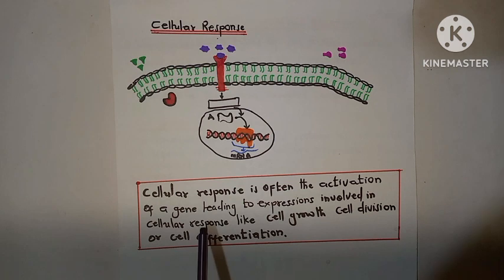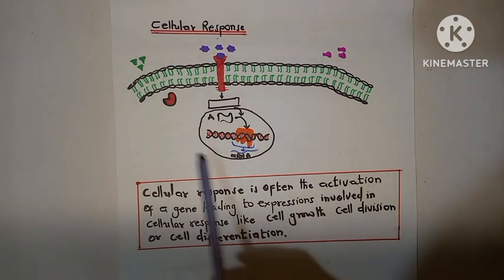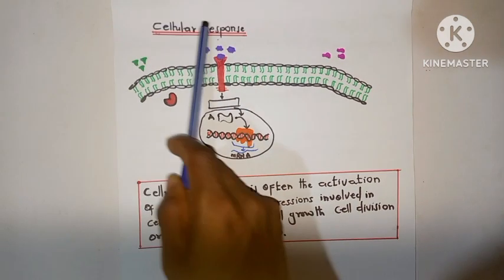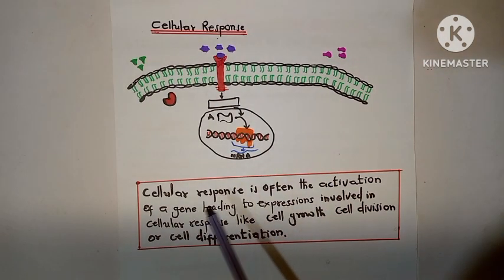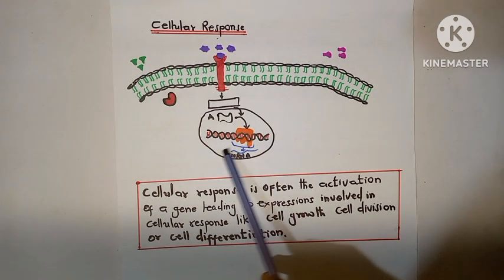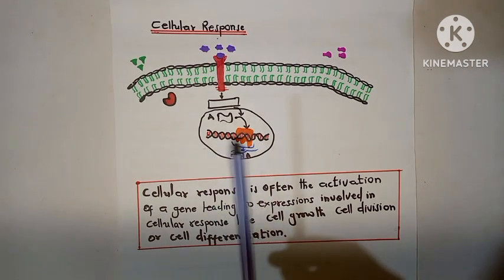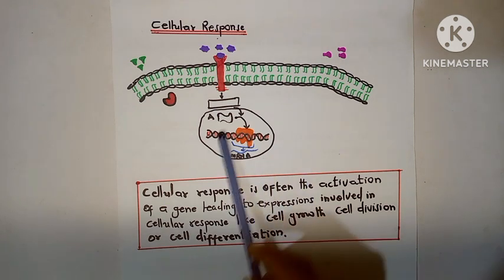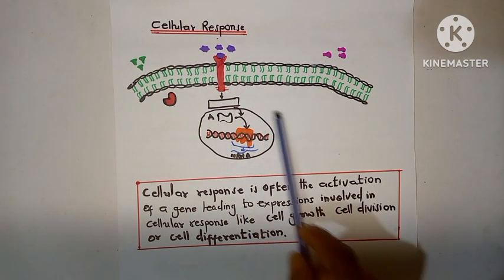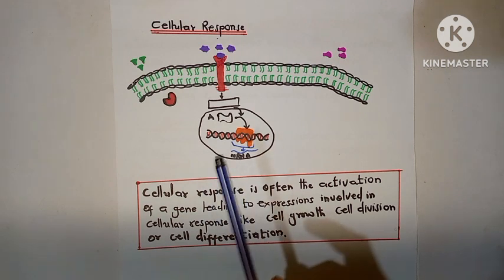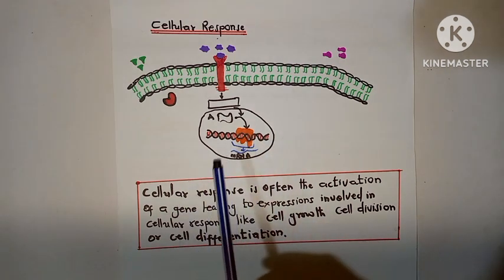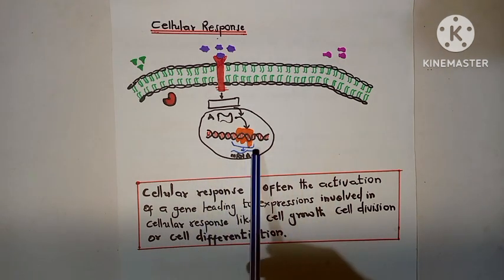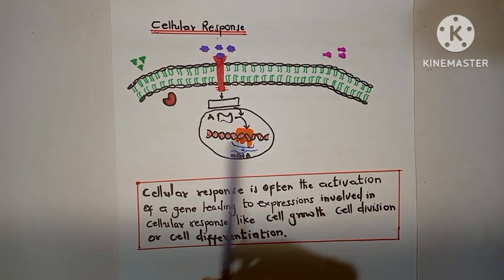Now, the third stage of signal transduction is the cellular response. In this stage, the signal transmitted by the second messengers is now transmitted to the target molecule. The target molecule is often a transcription factor, a protein that directly binds to the DNA and activates gene expression, causing transcription.